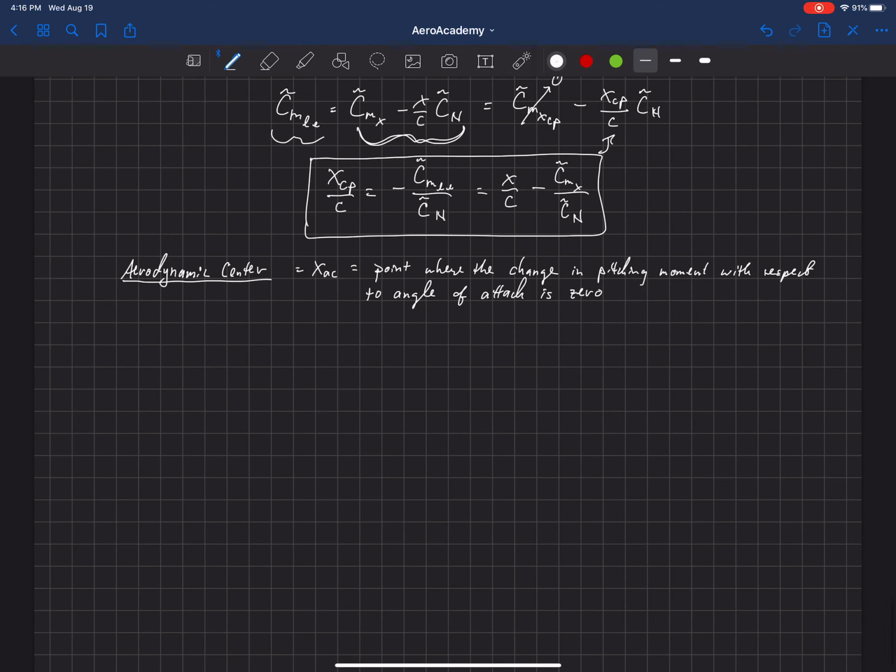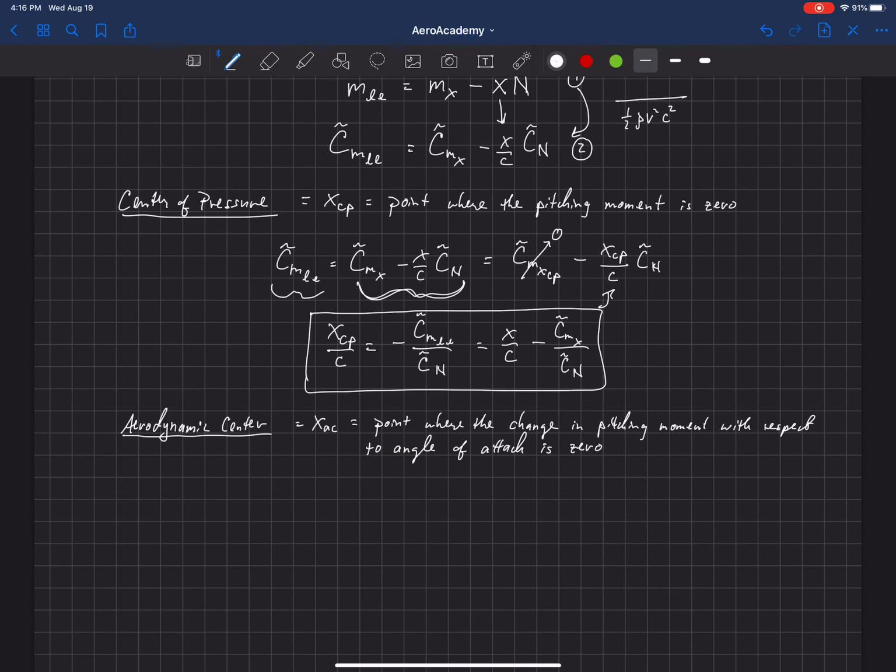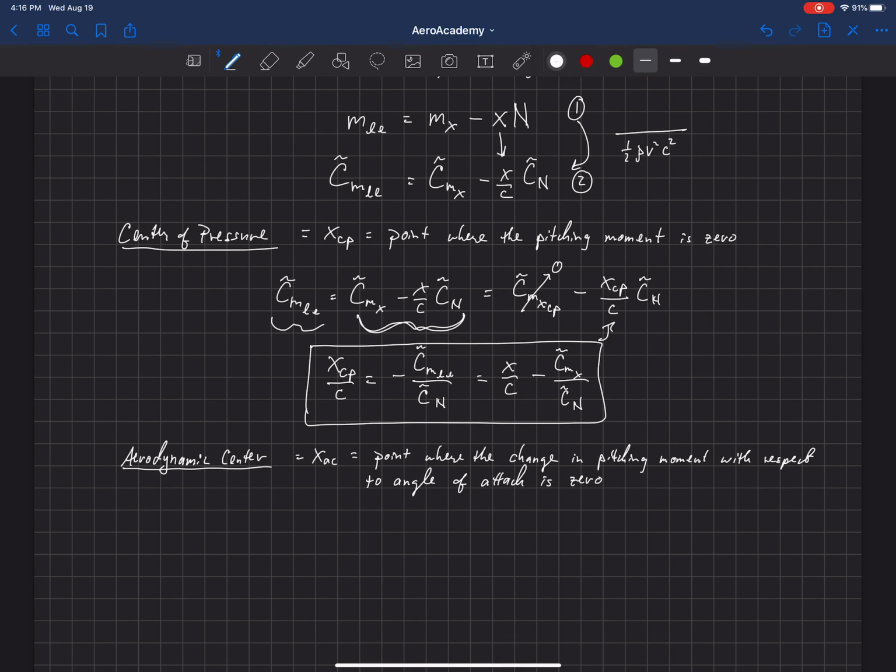And so we can find that, again, by using equation 2 up here. We'll just rewrite that here. So we've got the pitching moment at the leading edge is equal to the pitching moment at some x location minus x over c, c sub n.